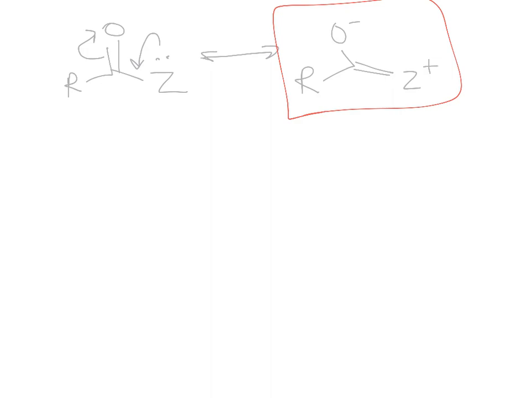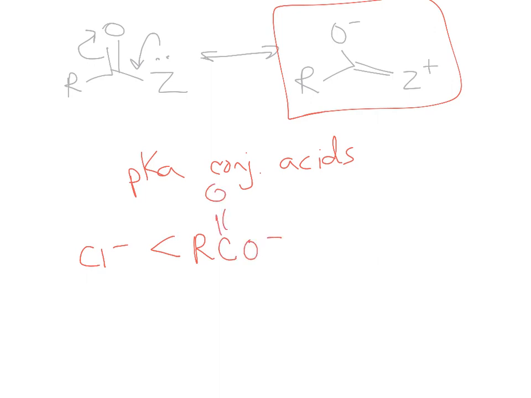So if we look at the pKa of the conjugate acids, HZ, for instance, chloride, its conjugate acid would be HCl, has a really low pKa. This guy here would be the conjugate acid of the anhydride. This would be the conjugate acid of carboxylic acids. It's approximately the same as those of esters and less than that of amides.